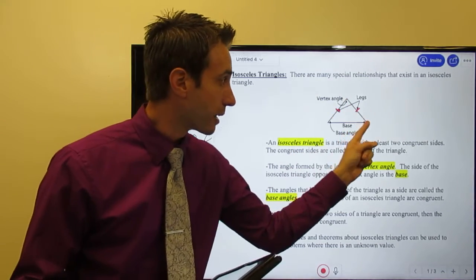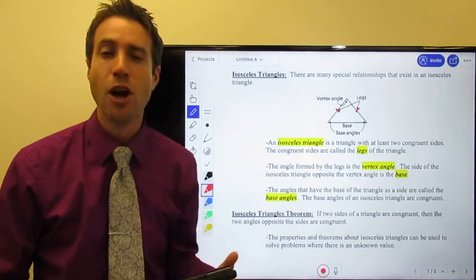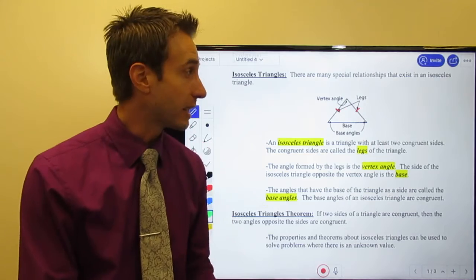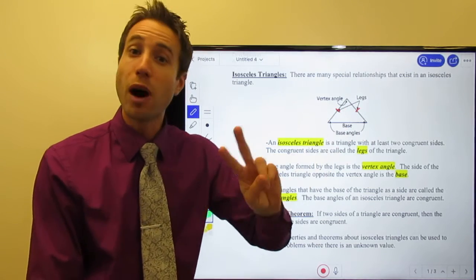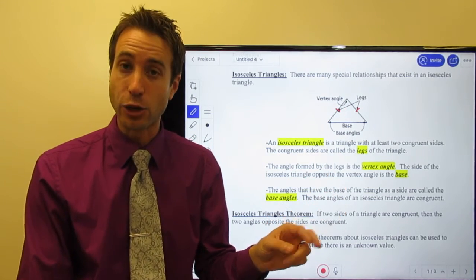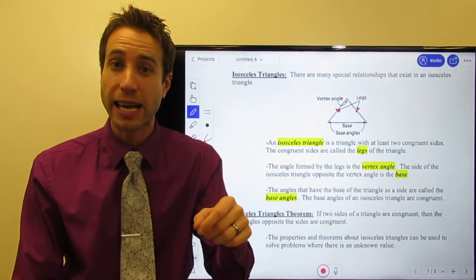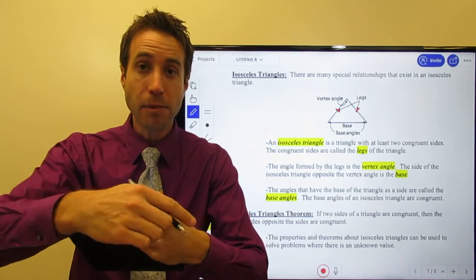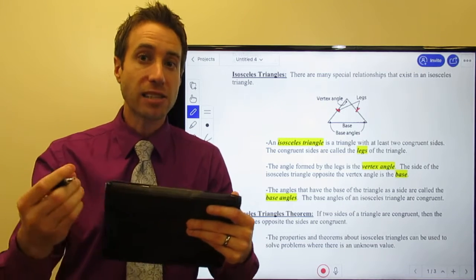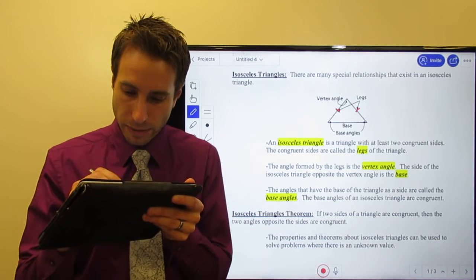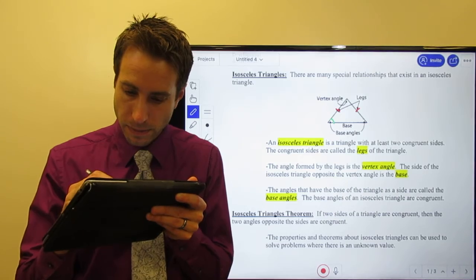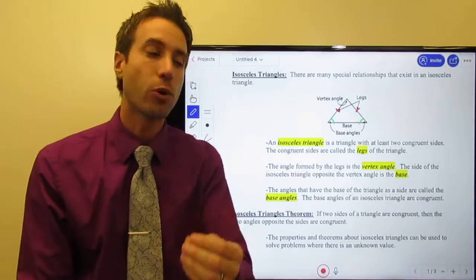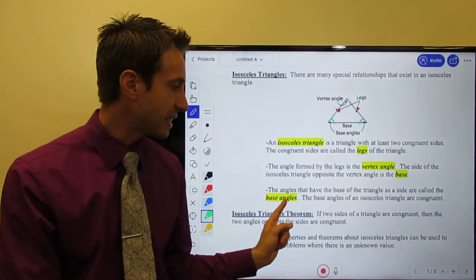And this leg right here, the angle opposite it would be this one. Here's the idea with isosceles triangles. Not only do two of the sides have to be congruent, but because those sides are the same measure, the angles opposite them also must be the same measure. These angles have to be congruent, and we're going to call them the base angles.